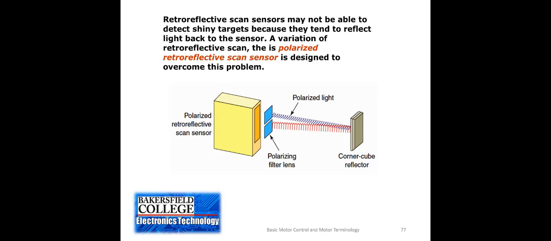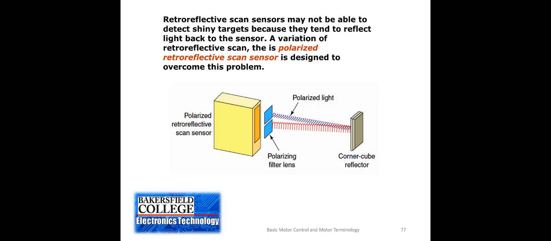So the receiver filter has a different polarized system. Now, when an object gets in the way that's reflective, it's going to change the wave of the light particles. It'll bend them to a different direction, but it will not bend them to exactly the direction that the reflector would. So that polarized filter can filter that light out.